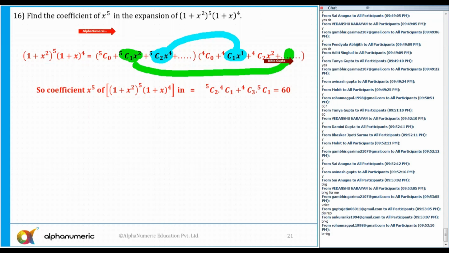But I need the coefficient of x raised to power 5. So this x raised to power 4 into x raised to power 1, the product of these two comes out to be x raised to power 5. And the other thing I can get here is x square from here and x cube from here, which will also give me x raised to power 5. So these are the two possible combinations, and that will give us the answer as 60.